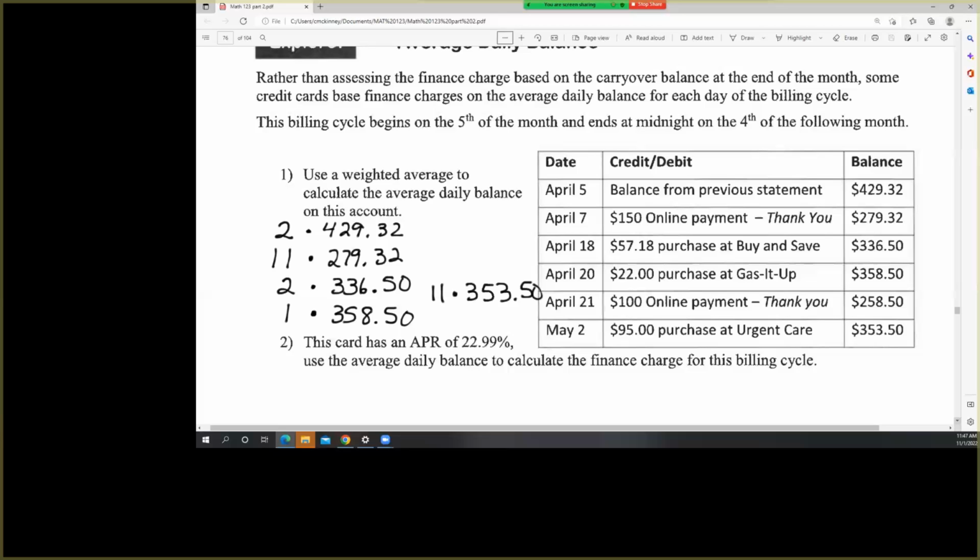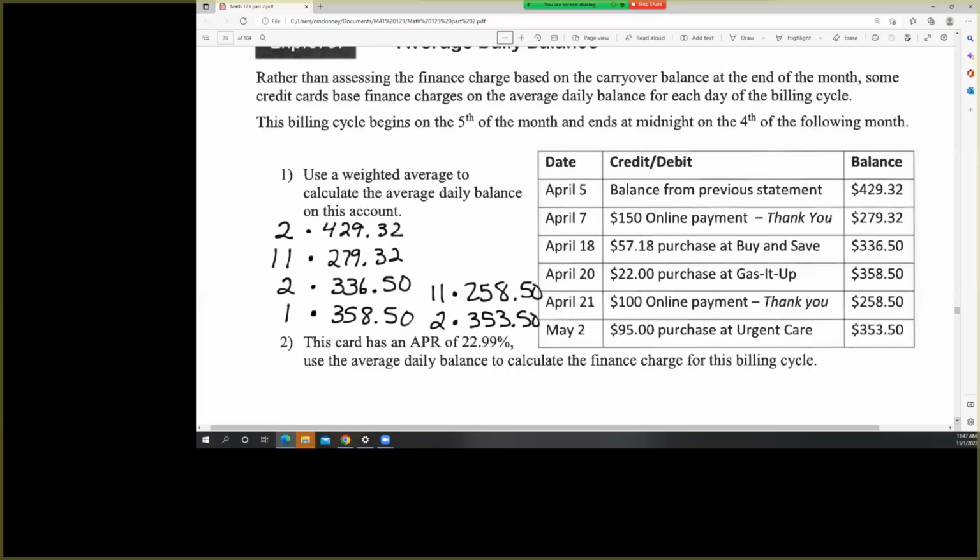But hold on. I think I messed something up somewhere. This is not the 11. This one is not right. My bad. This one should be $258.50. And then the $353.50 is from May the 2nd until the 4th. There are 2 days at that.